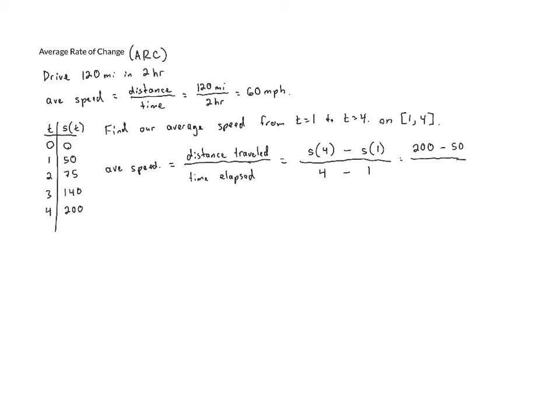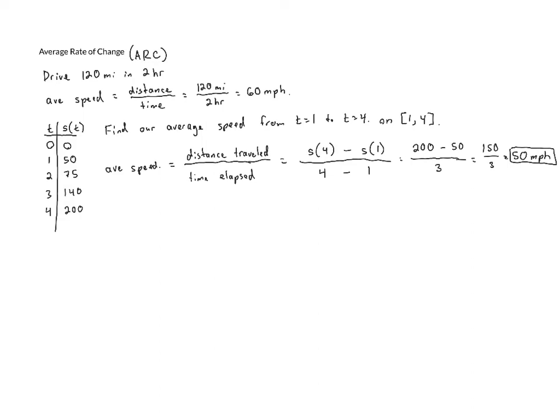And then in the denominator, we've got 4 minus 1, which is 3. 3 hours have elapsed. Now we can do the subtraction up top. 200 minus 50 is 150. So we have 150 divided by 3, which is 50. And our units here are miles per hour. So between hour 1 and hour 4, our average speed was 50 miles per hour.